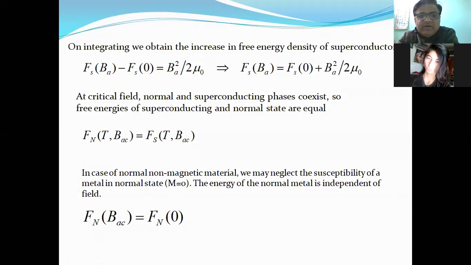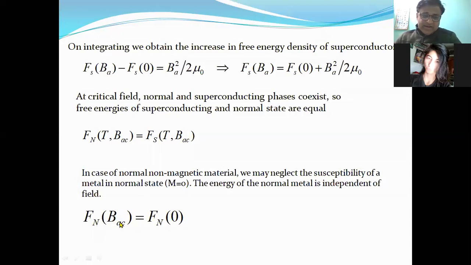If you put them in a field, they produce a very large susceptibility. On the other hand, there are other materials, let us say paramagnetic materials, and their induction is very weak, and in some cases that can be so weak that you can neglect it. It means whether you apply a field or you don't apply a field, the free energy is the same. So here when we are taking this equality, we are neglecting that small change in susceptibility due to the application of magnetic field, because our system is non-magnetic and susceptibility is very weak.